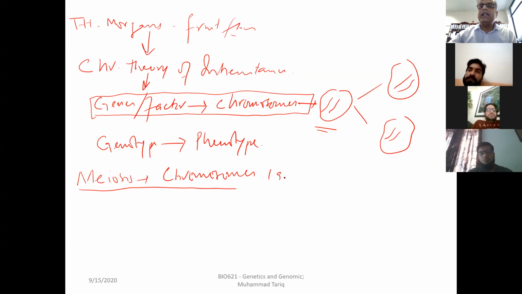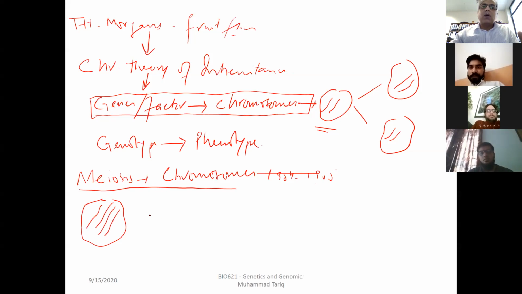In 1904 or 1905, I believe, they were just visualizing cells under the microscope, and they realized that there are cells from the same organism which contain 4 chromosomes, and then there are cells from the same organism which contain 2 chromosomes.